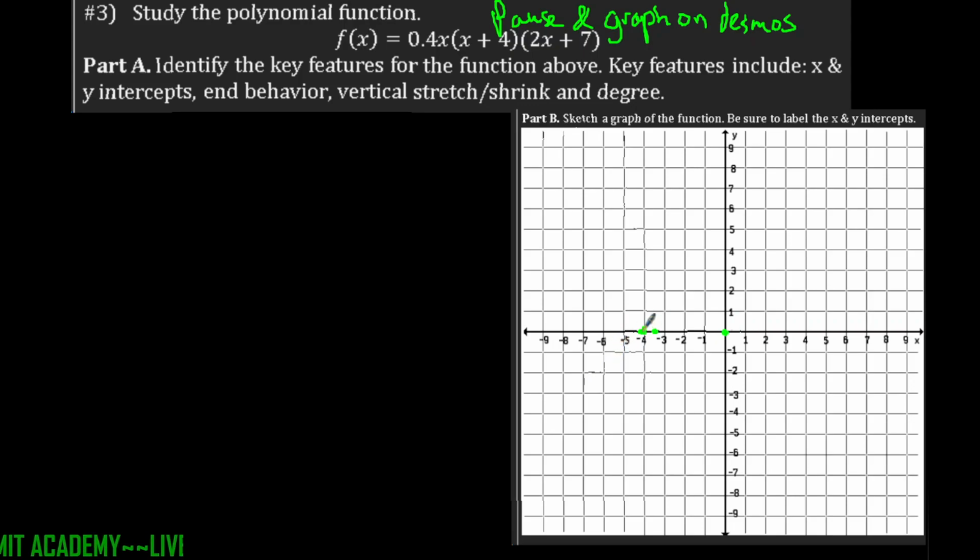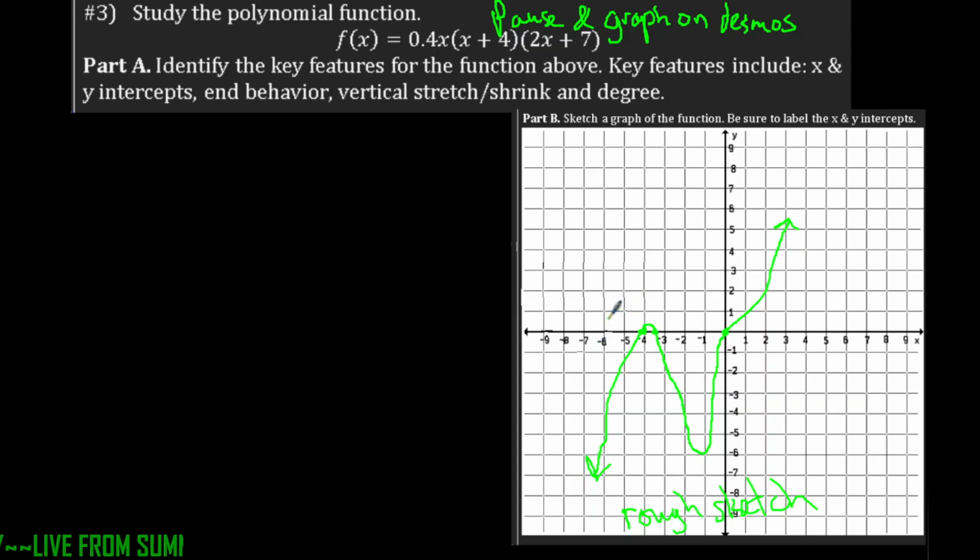We said that it went down to the left, it went up to the right, and kind of has that Z curve to it. I think it kind of went down past 6, and then back up, something like that. Again, it's not gonna be perfect, but we can call this a rough sketch. What you do need though is you have to be able to label those intercepts.